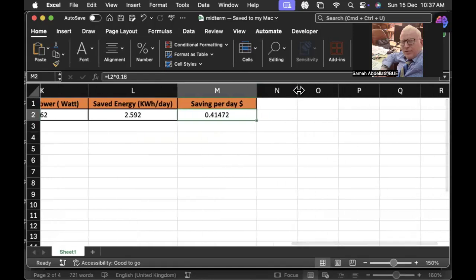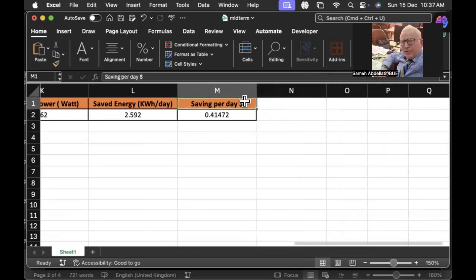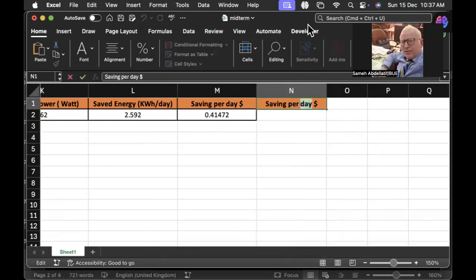To calculate the overall saving per year, you can multiply this number times 365.